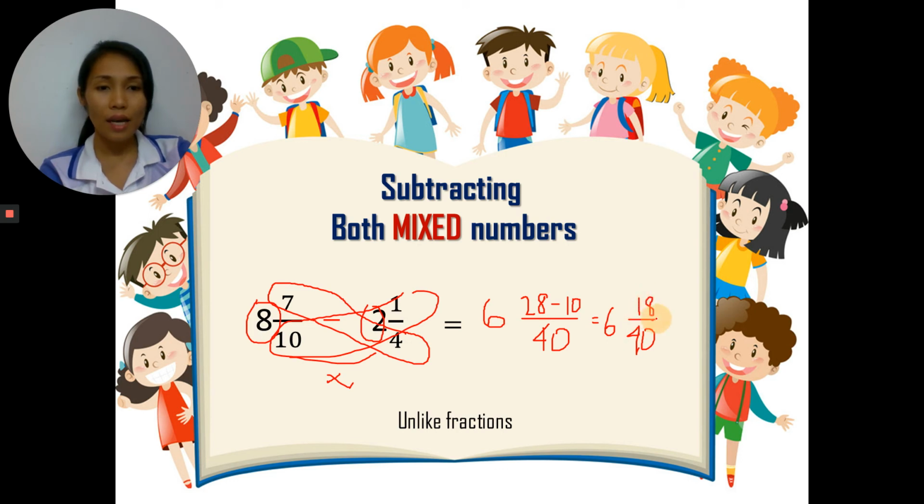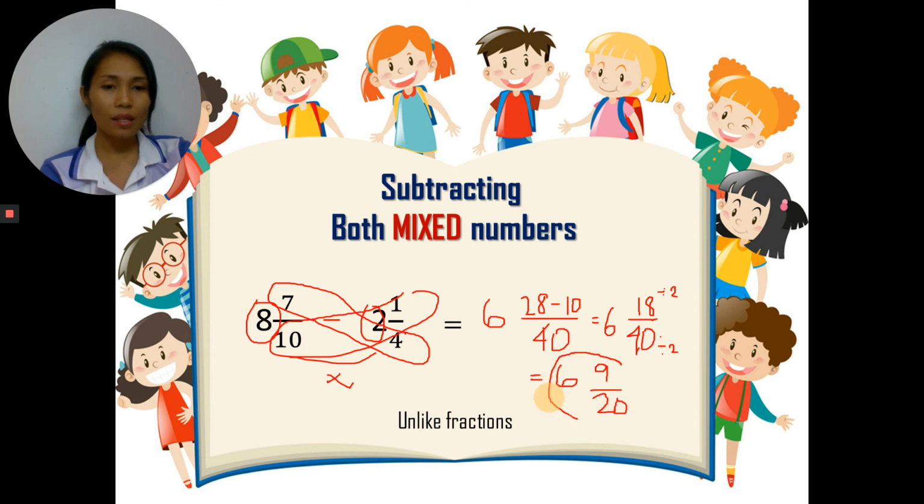Is that our final answer? Not yet, because we can still divide this by 2, right? Even numbers can be divided by 2. So copy the whole number 6, and then 18 divided by 2 is 9. 40 divided by 2 is 20.